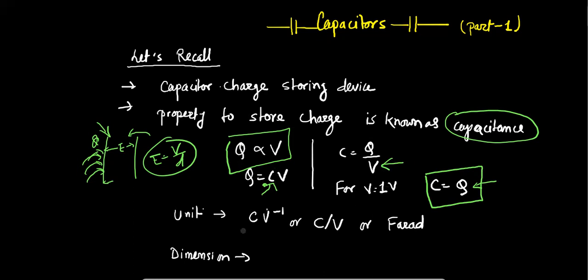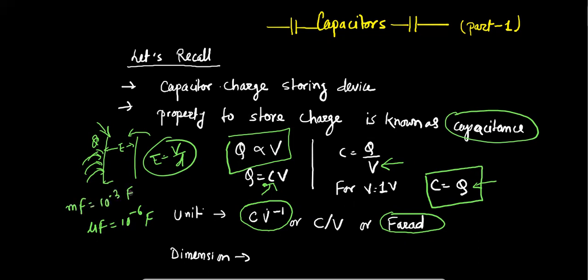Now we are going to discuss the unit, and there are two kinds of unit related with the capacitance of a capacitor. One is coulomb per volt, and another, in general the mostly used unit, is farad. And there are several small units like microfarad, equal to 10 power minus 6 farad, and millifarad, equal to 10 power minus 3 farad.